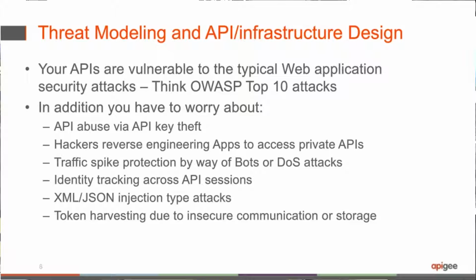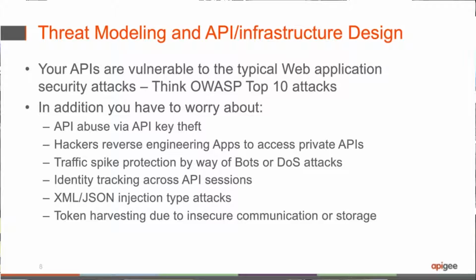By doing a threat model, you can identify the vectors of attack on your API and figure out all the security controls required to protect confidentiality and integrity, make sure there are non-repudiation aspects to it, and also mitigate any kind of DoS type attacks. So threat modeling gives you visibility early on in the design.